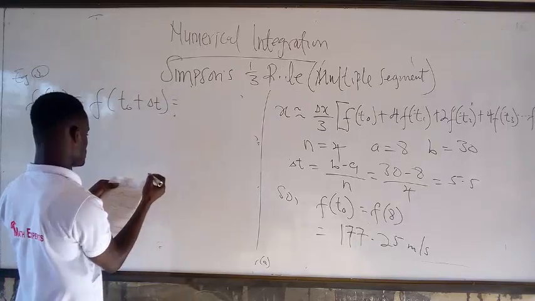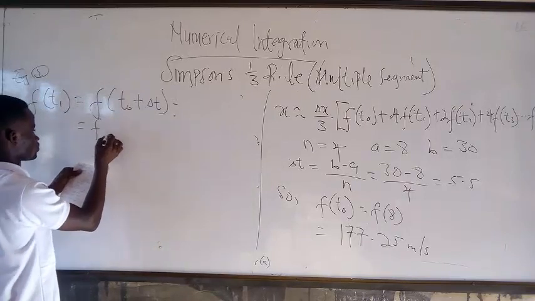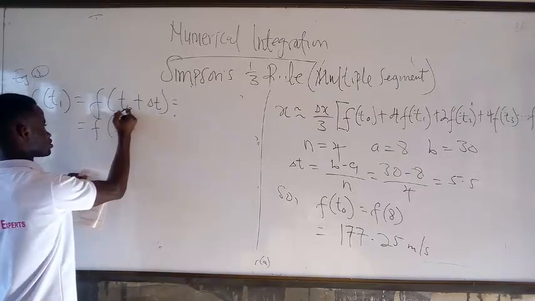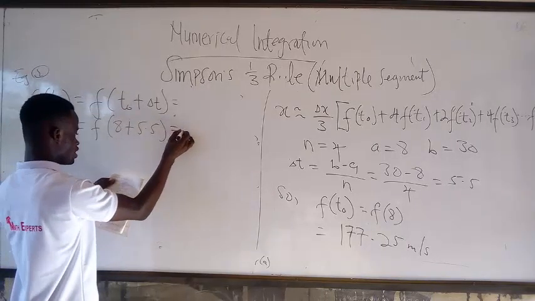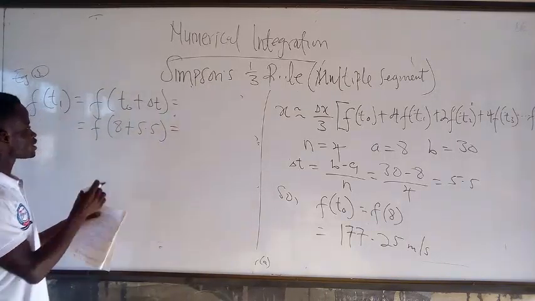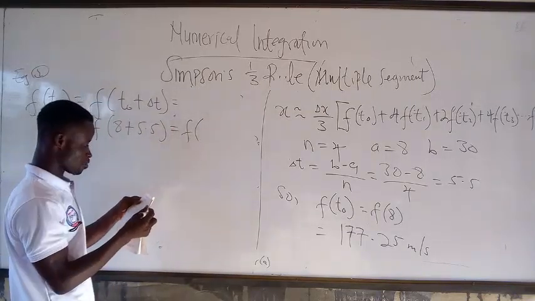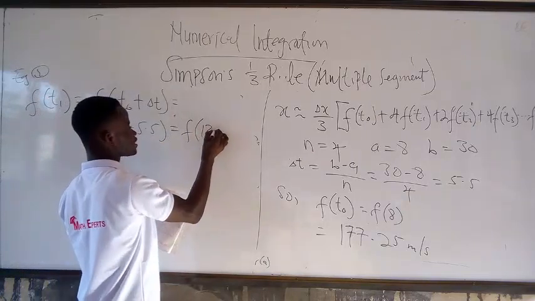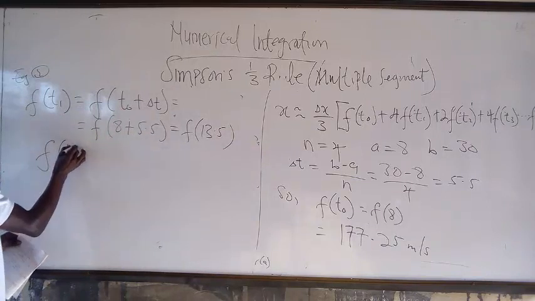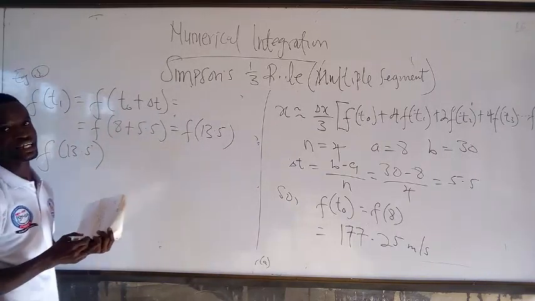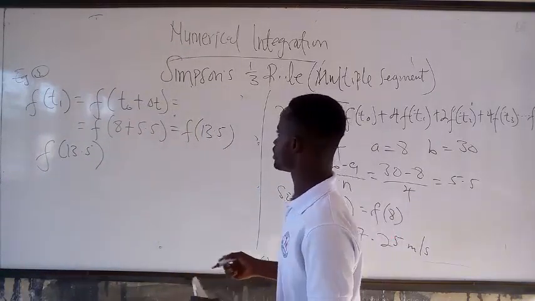So that one will be f of 8 plus 5.5. And when you substitute this, it is the same as 13.5. So in the function f, it should be x.